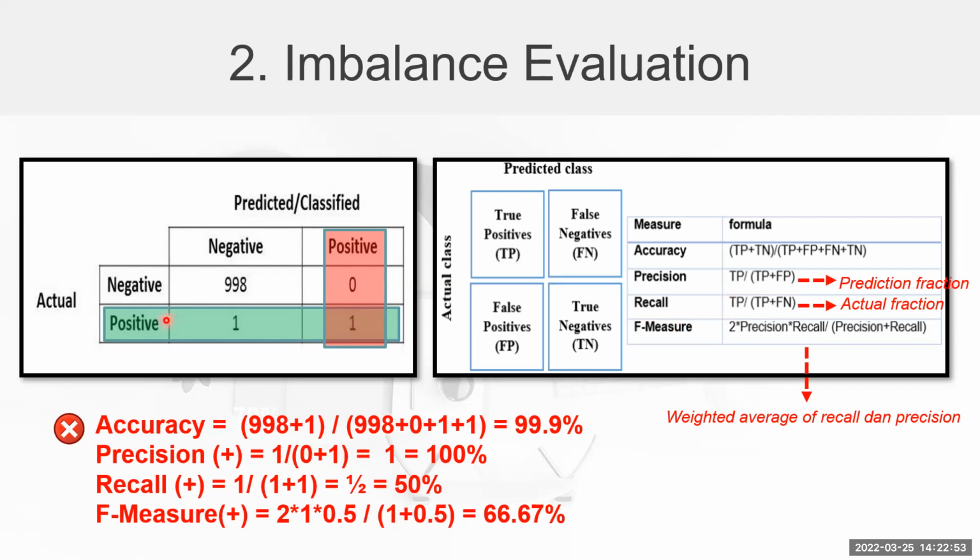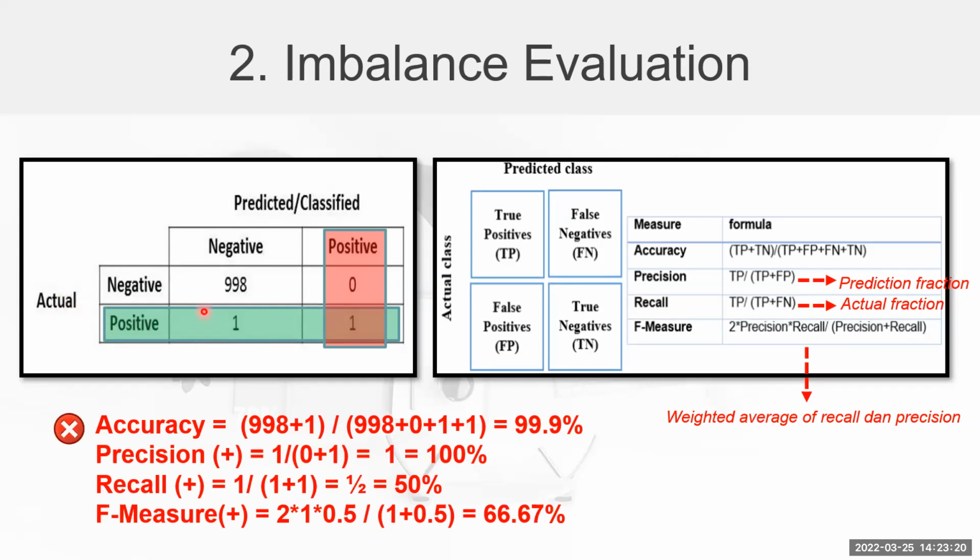Different from recall, where we look at the actual number as the basis for the formula: the percentage correctly classified compared to all of the actual positive data.